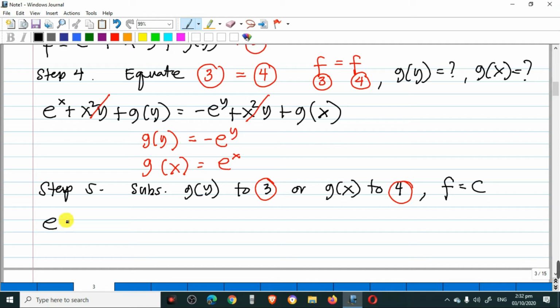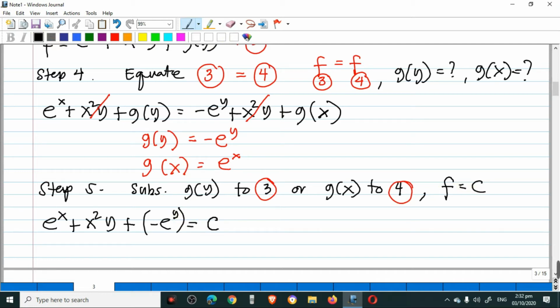So, using equation number 3, e raised to x plus x squared y plus g(y). What is g(y)? g(y) is equal to negative e raised to y. Okay? And this is equal to f. This is equal to f. Diba? F to. So, our f is equal to c.